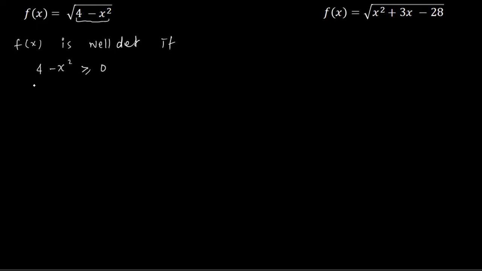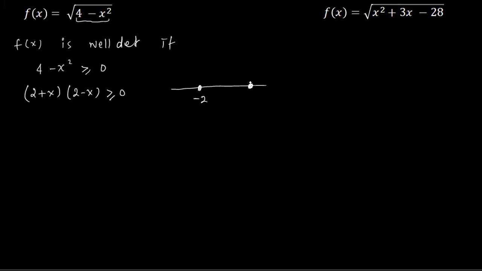Or we can say (2 plus x)(2 minus x) is more than or equal to 0. If we put 2 plus x equal to 0, we get x equal to negative 2. If we put 2 minus x equal to 0, we get x equal to 2. So on a number line, here we have negative 2.